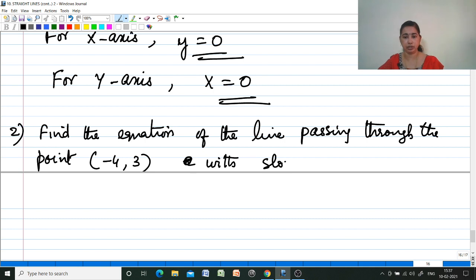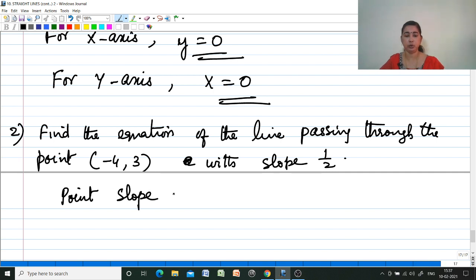So we need the equation of the line which passes through minus 4, 3 and has slope 1 by 2. That is the point slope form.